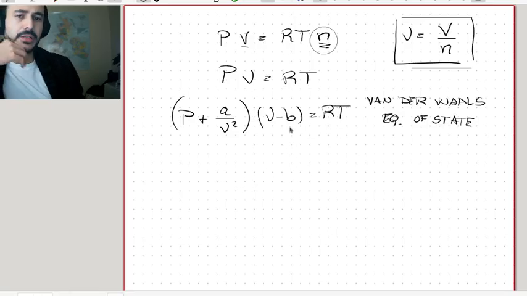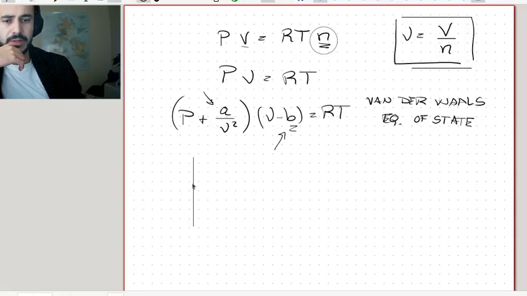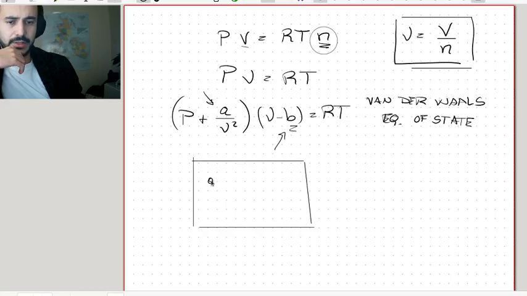Now the justification for these two parameters, or these two corrective terms that have been introduced, is the following. First, the van der Waals model considers the particles of gas to be like rigid spheres that have some tiny but finite volume.